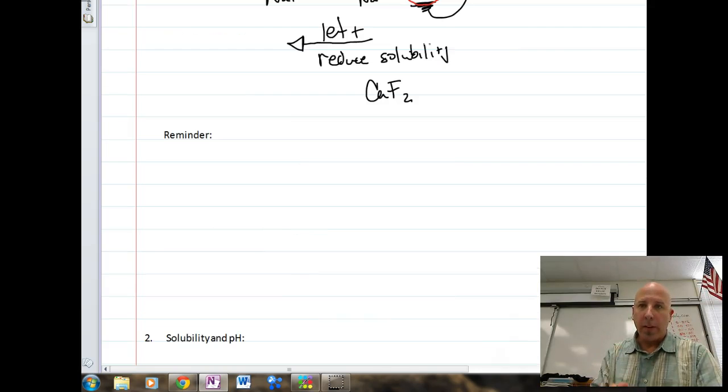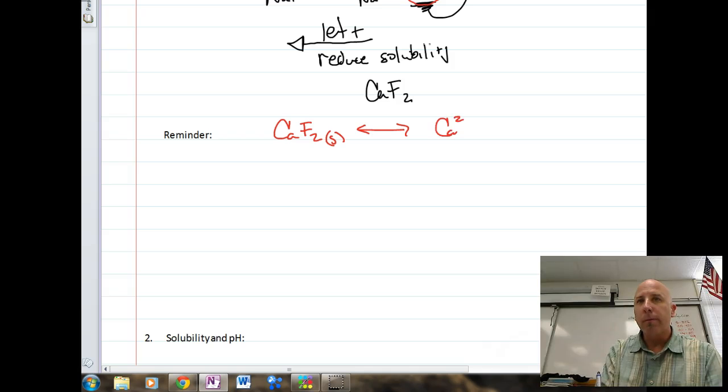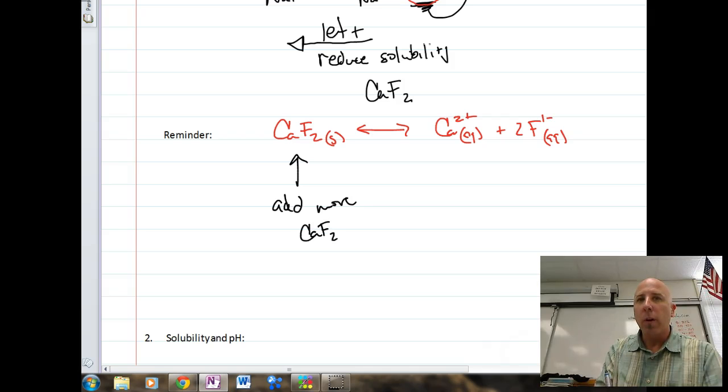Now, there is one other thing that I want to mention with respect to this equilibrium mixture. We've talked about how we can shift this to the left, and one of the things that students often make a mistake about is they say, well, what if I was to add more calcium fluoride?